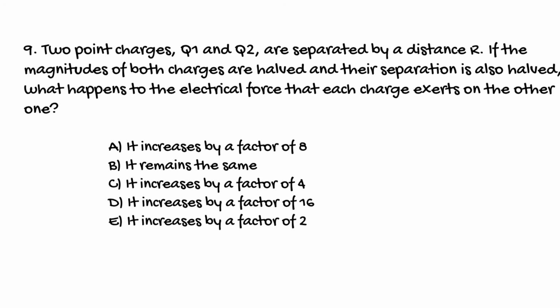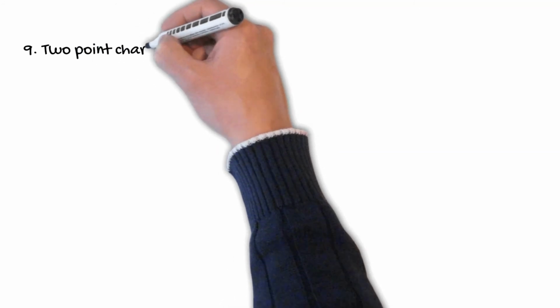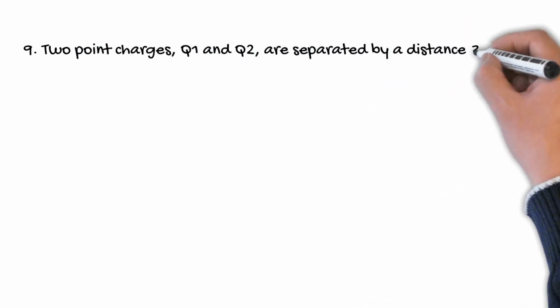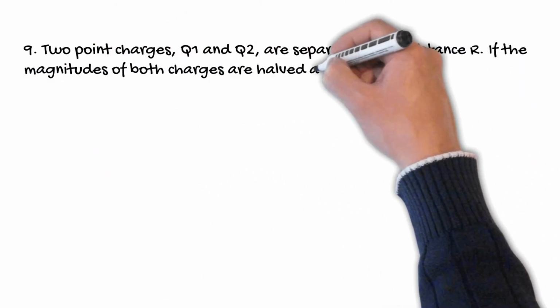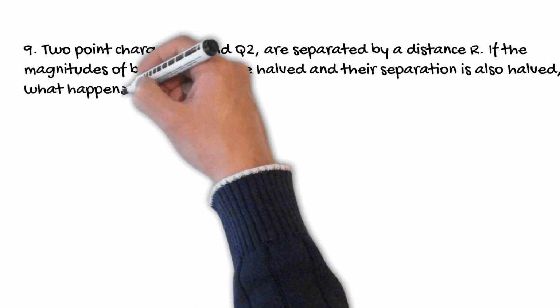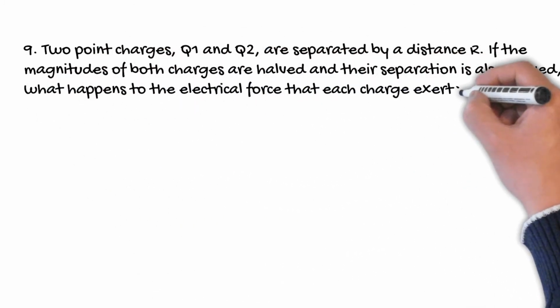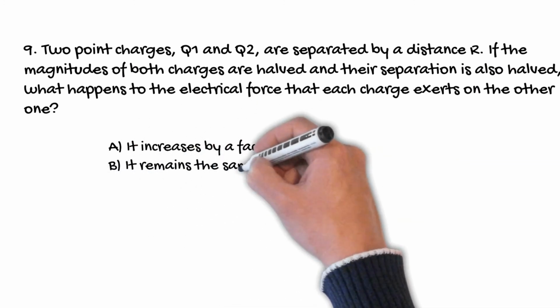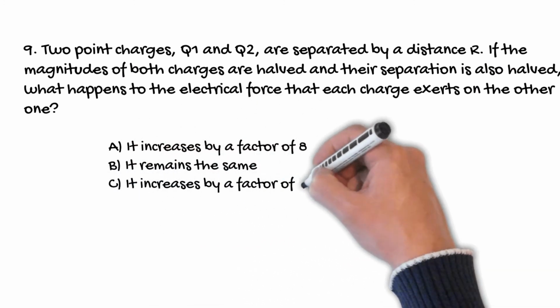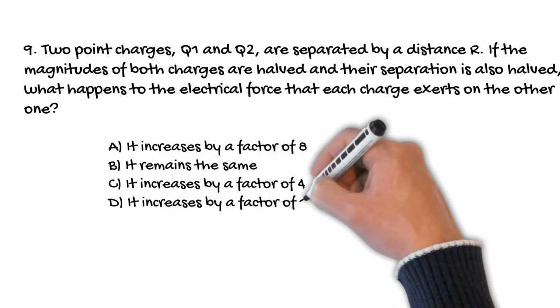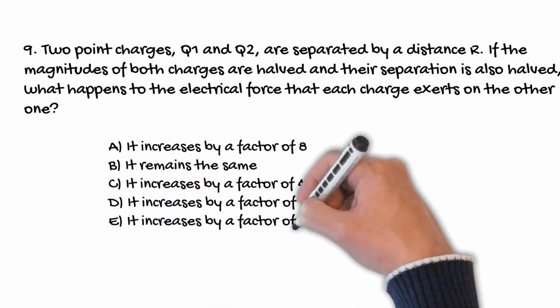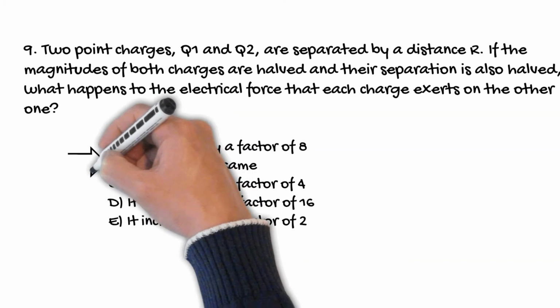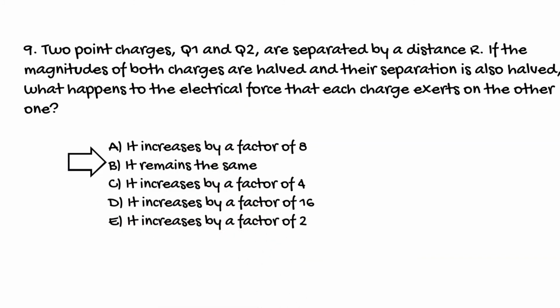But then when you bring them closer, you made the distance half, the force between them increased 4 times. So when the two charges were each made half, the force decreased 4 times. But when you halve the distance, the force on that increased 4 times. That means it cancelled out, it remains the same.